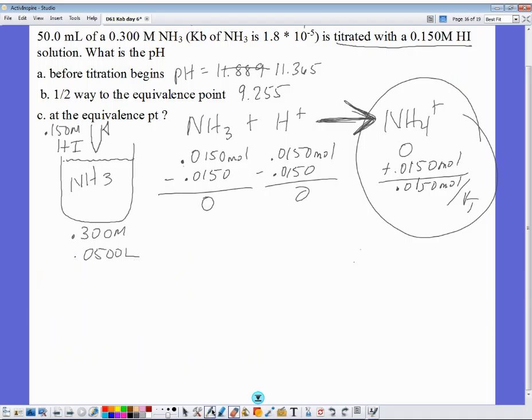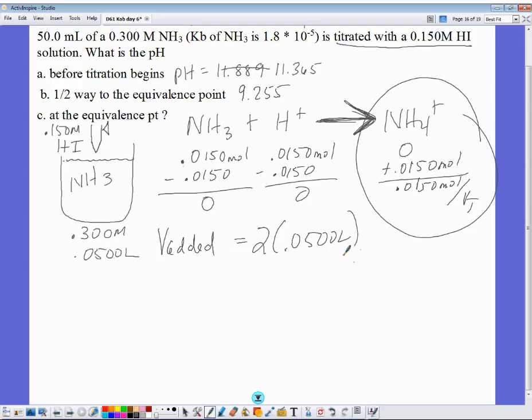What did we say is going to be true? If this molarity is 0.3 and that one's 0.150 and you want to be equivalent, what are you going to have to do to this volume to know the volume that needs to be added up here? You're going to need to double it. The volume that needs to be added is 2 times 0.05 liters.